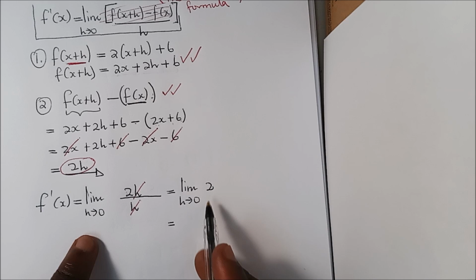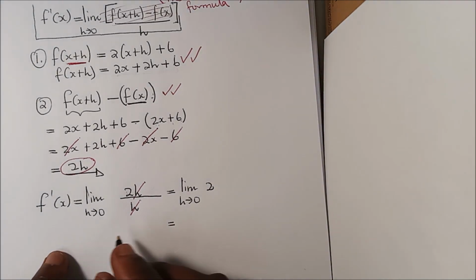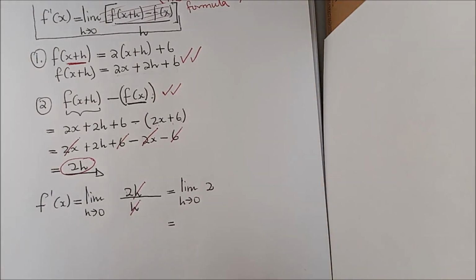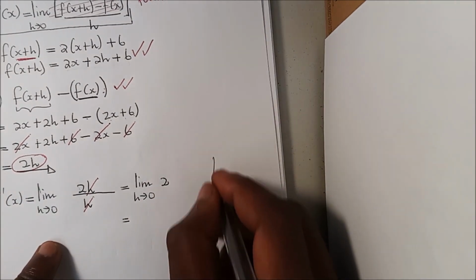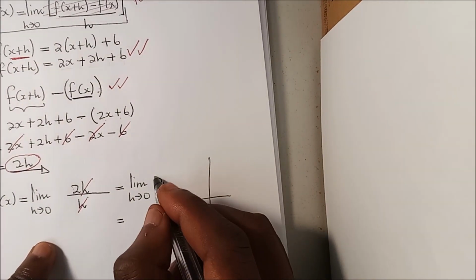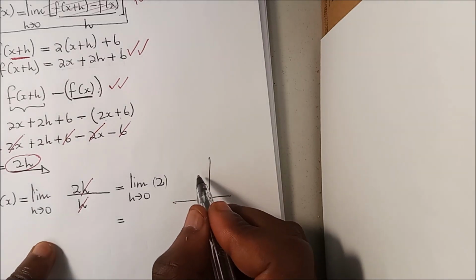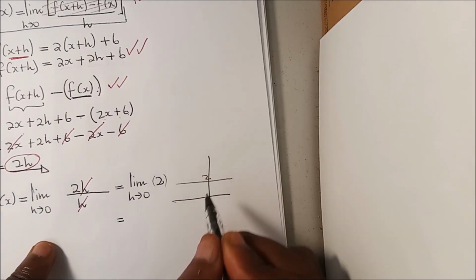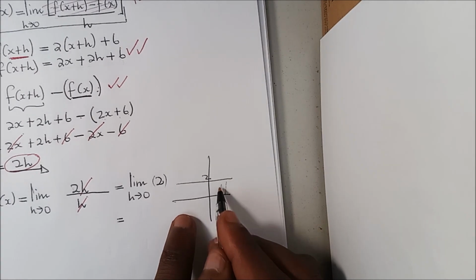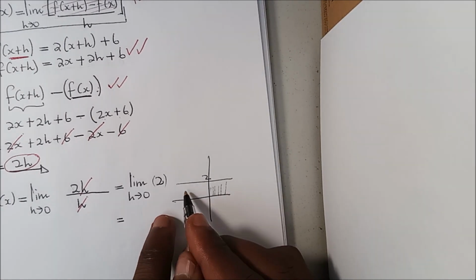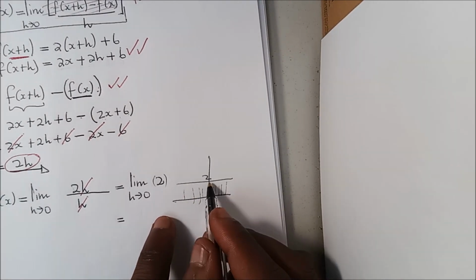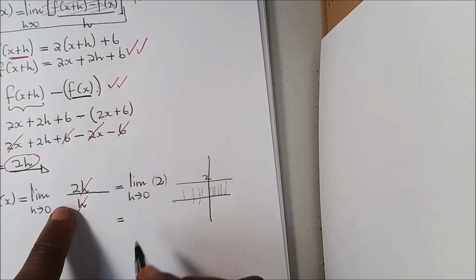And what will be the answer for this one? We know that if we have the limit as h goes to 0, this thing is more like, this is our function, which is y equal to 2. So there it is, as h approaches 0, whether from the left or from the right, we're still approaching 2. So this is just a horizontal line.